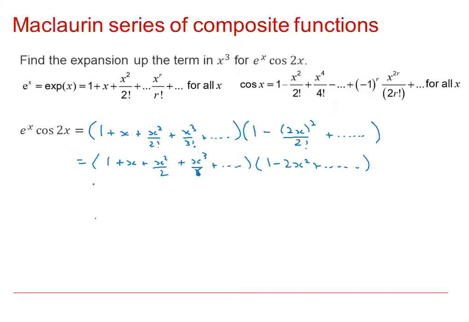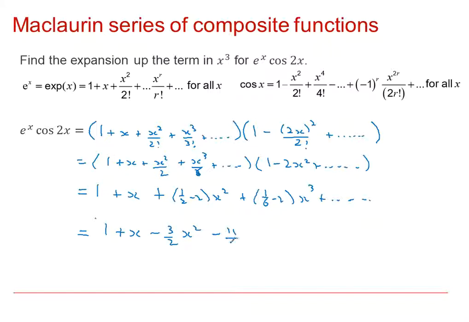So multiply them together, expanding the brackets and collecting like terms, we're going to get 1, we're going to get a single x, we're going to get a half minus 2 x squared terms, and we're going to get a sixth minus 2 x cubed terms, and therefore my Maclaurin approximation for e to the x cos 2x is 1 plus x minus 3 over 2 x squared minus 11 over 6 x cubed, and there is my cubic approximation.